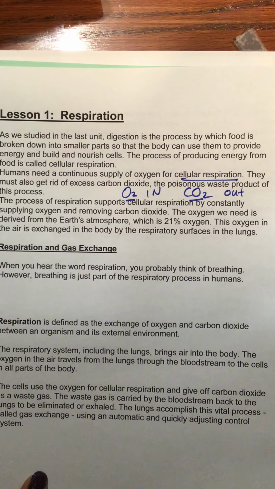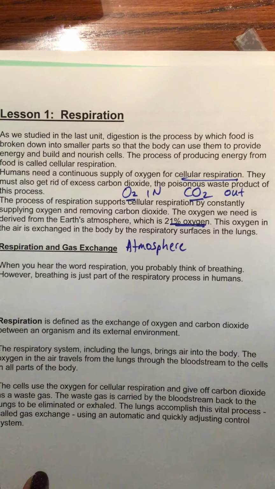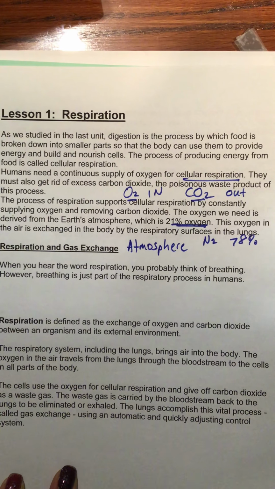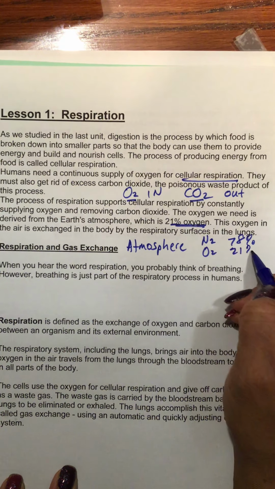The oxygen that we need, we get it from the Earth's atmosphere, which is only 21% oxygen. So if you take a look at the atmosphere that we live in, we are breathing in mostly diatomic nitrogen. So that's about 78% of the air in our atmosphere. The oxygen is about 21%.